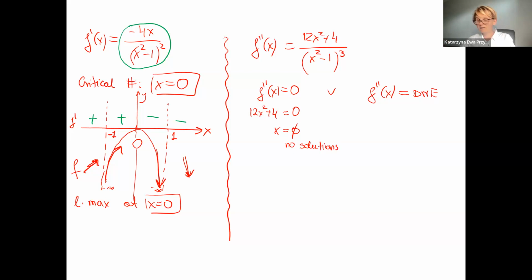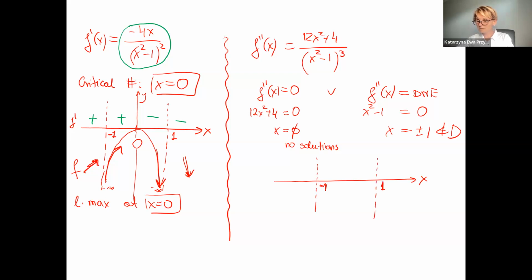And a fraction is undefined if the denominator is 0. The denominator is 0 if x equals 1 and -1. However, they are not in the domain. So we do not have any turning points, probably no inflection points. We have no solution. But in order to test concavity, we do not have any numbers, but we will still put the asymptote.